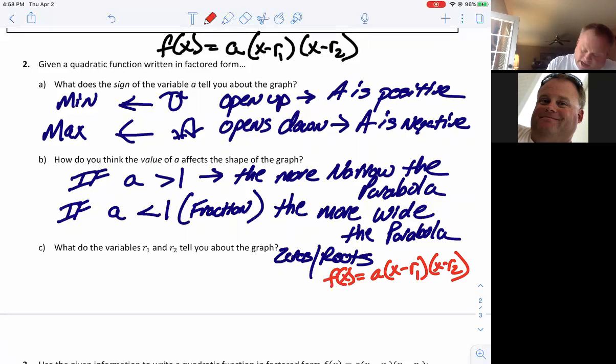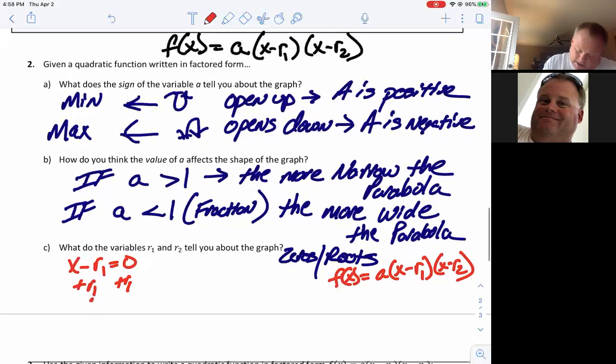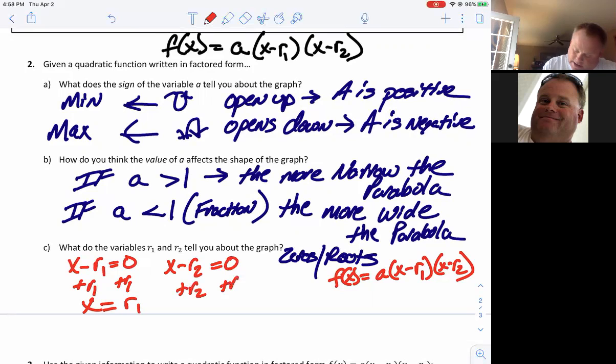Why? Because if I take x minus R1 and set it equal to 0, I can solve for x, which gives me my 0, okay? So I would simply add R1, and x is equal to R1. That is my root. That is my 0. Be the same for the other one. X minus R2 equals 0. Add, and x equals R2. The reason why this form is so important is it gives us our zeros. It gives us our solutions. It gives us our roots.